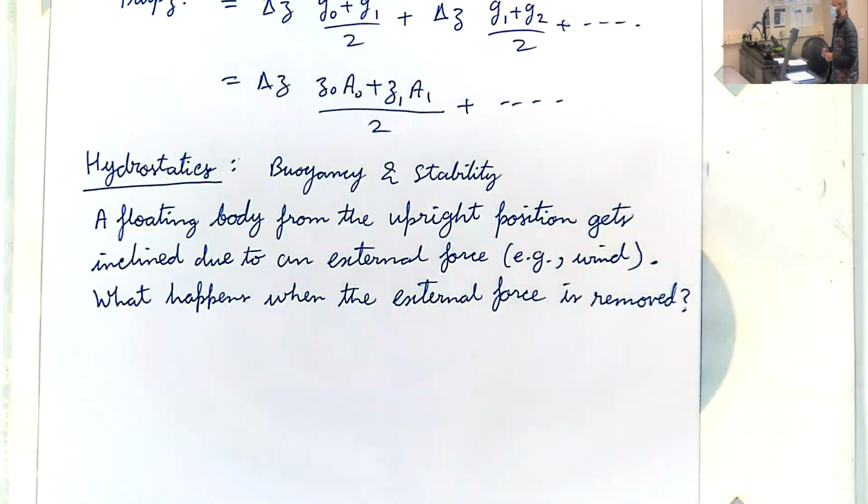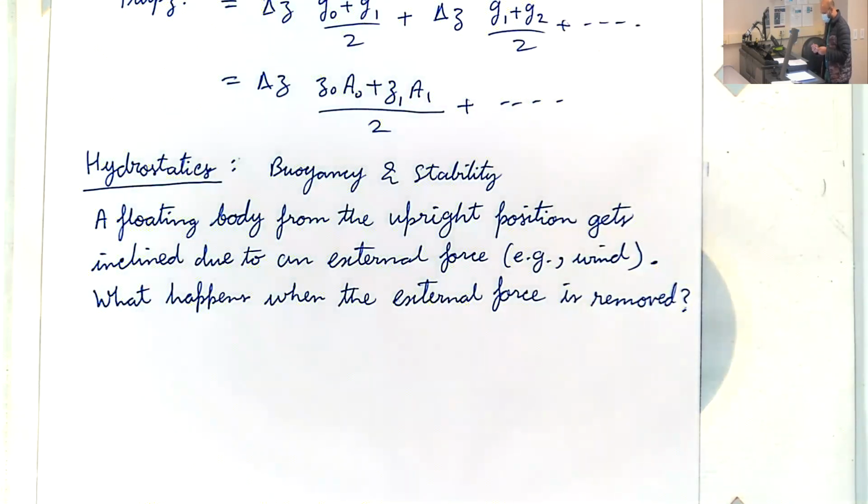There's a lot of wind. It might roll or heel a bit because of the wind, but once the wind dies down, it comes back easily. Now think of a very narrow canoe. If there's a very strong wind, it'll flip over, all right? Let's assume the canoe is sticking out of the water sufficiently.